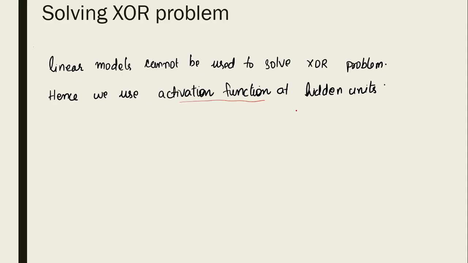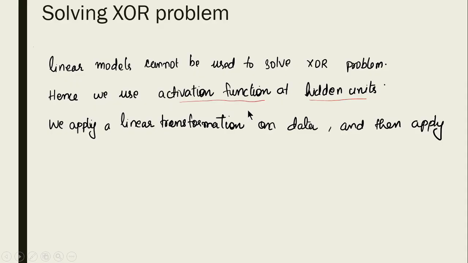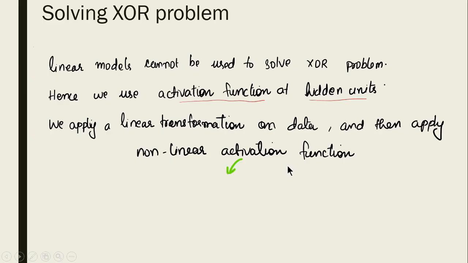These activation functions are applied in the hidden units of our network, and they induce non-linearity. So we apply a linear transformation on the data and then apply the nonlinear activation function. That will give you a nonlinear output.